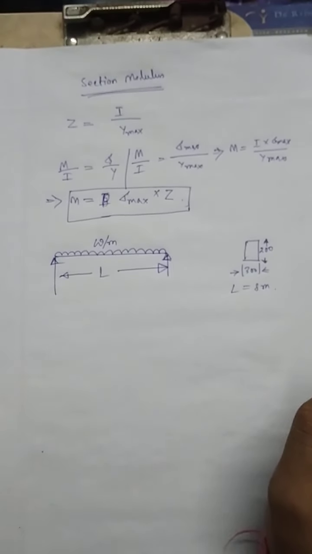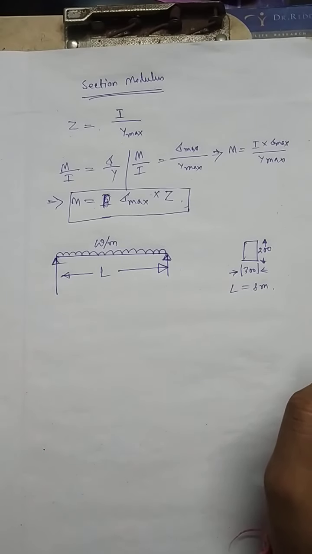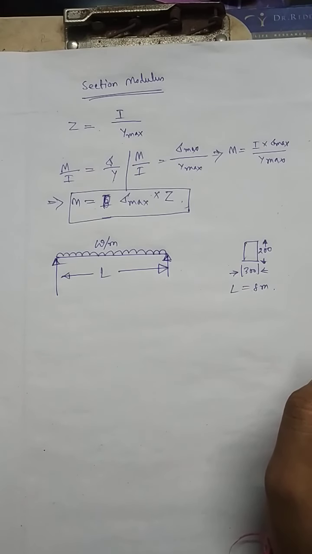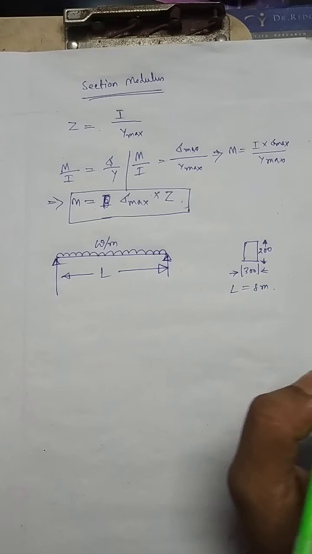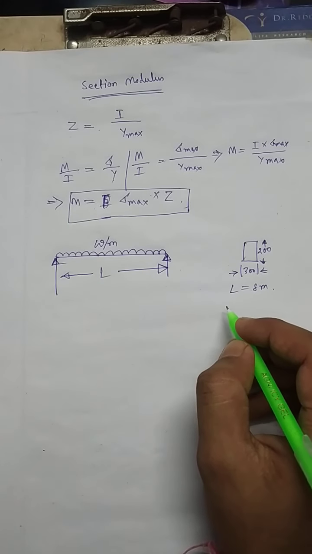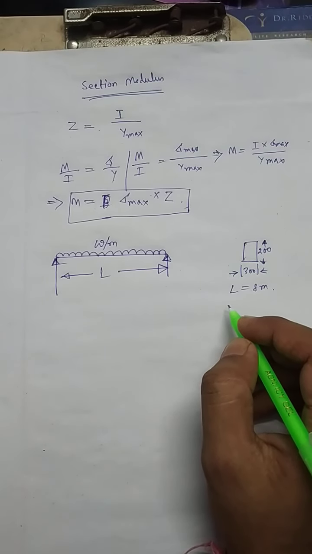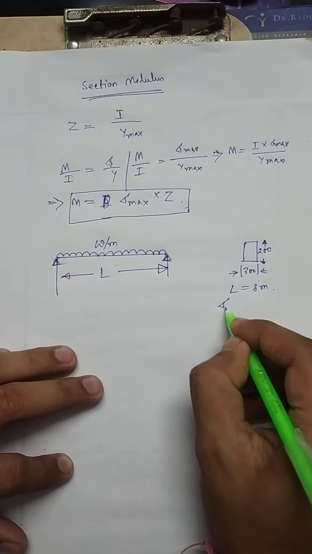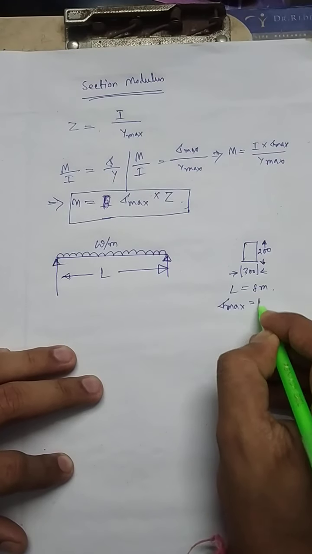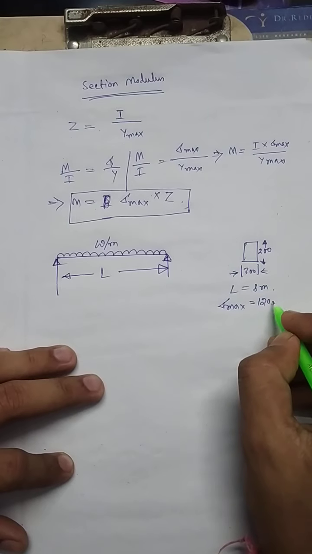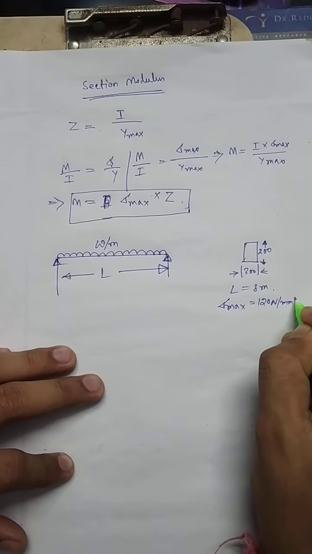What uniformly distributed load per meter may the beam carry if the bending stress should not exceed 120 Newton per millimeter square? That means sigma max is 120 Newton per millimeter square.